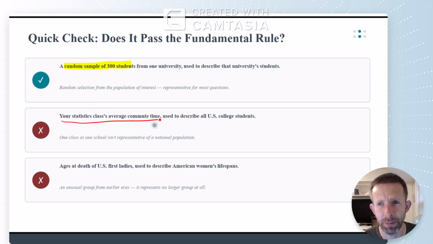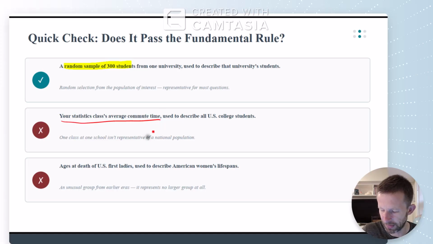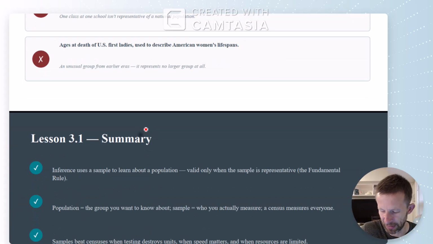It's not a random sample, and for a variety of reasons, it's not going to be representative of all US college students. It's also not taken from the population of all college students. Ages of death of US first ladies used to describe women's lifespan. Again, it's not a sample taken from the whole population, so it's not going to be a representative sample.